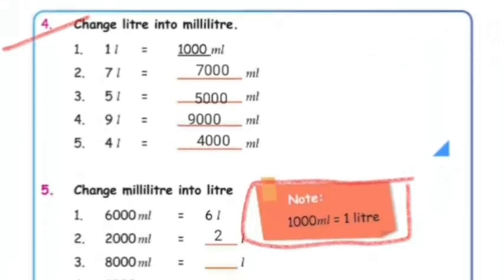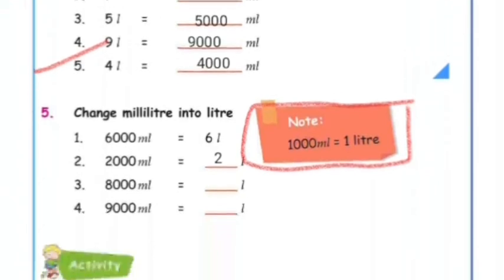Depending on this formula we have to fill in the blanks. I have done this one so far. Liters: we have to change 7 liters to 7000 milliliters. 9 liters means 9000 milliliters. 4 liters means 4000 milliliters.